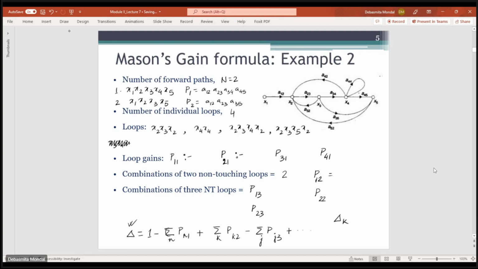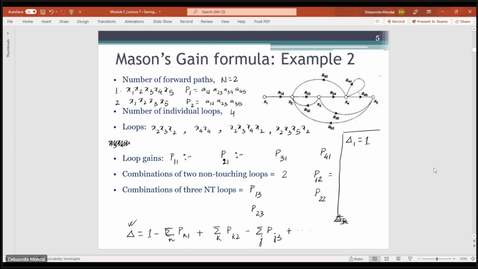So delta K is nothing but this: we consider the first forward path and see that all the loops are touching the first forward path.